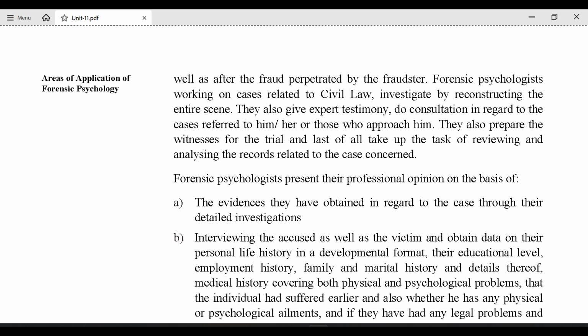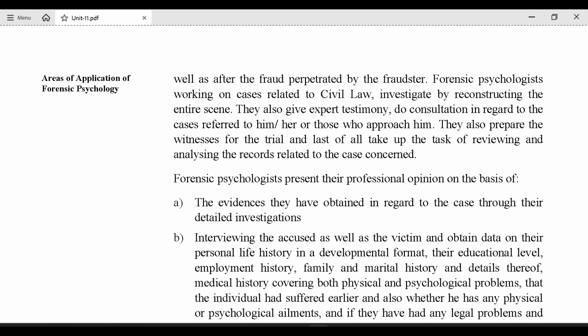Forensic psychologists working on cases related to civil law investigate by reconstructing the entire scene. They also give expert testimony, do consultation in regard to the cases referred to him or her or those who approach him. They also prepare the witnesses for the trial and last of all take up the task of reviewing and analyzing the records related to the case concerned.